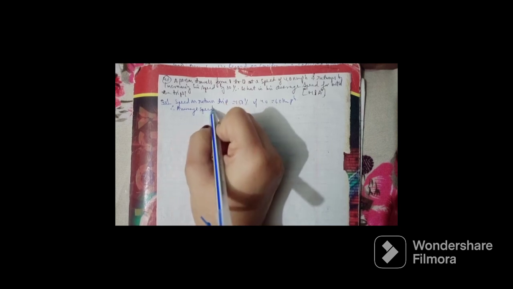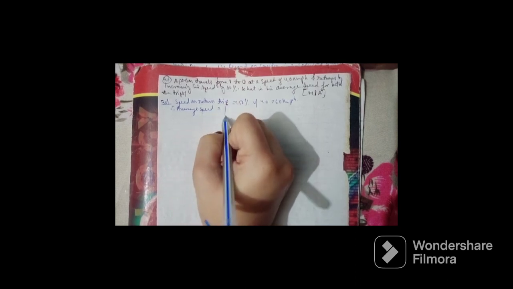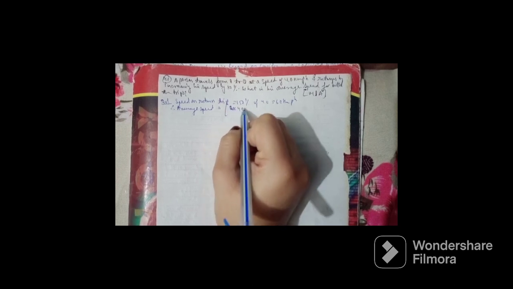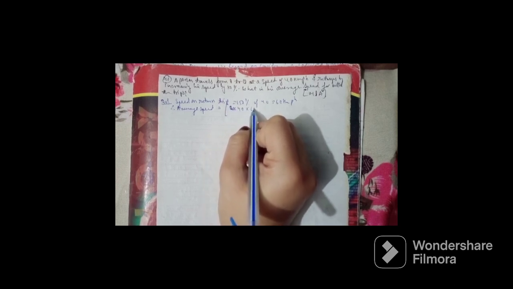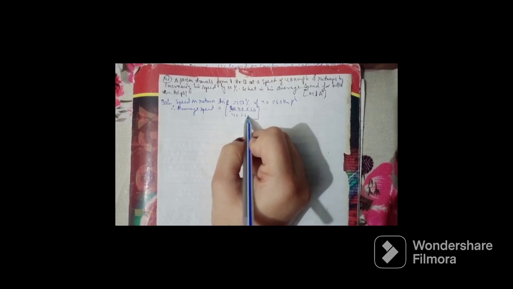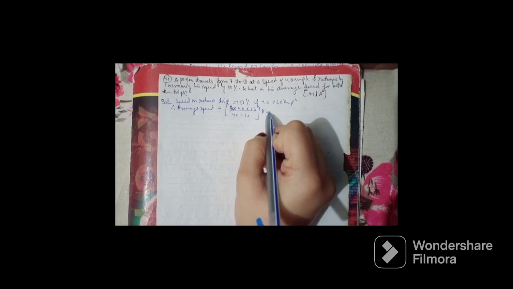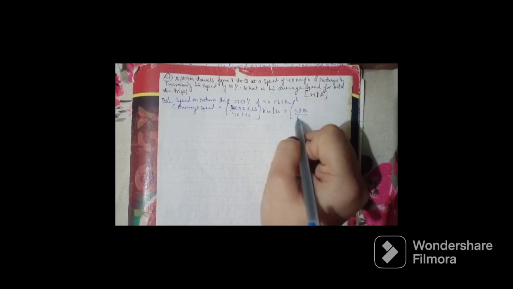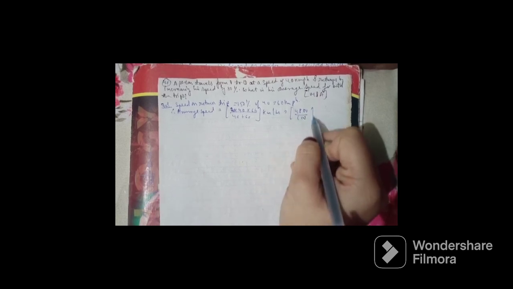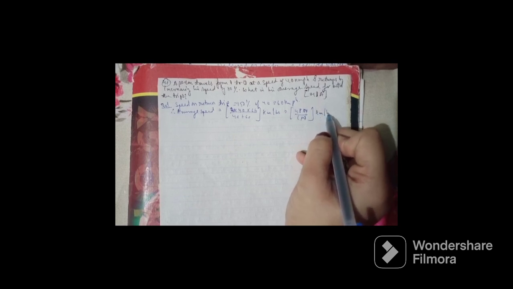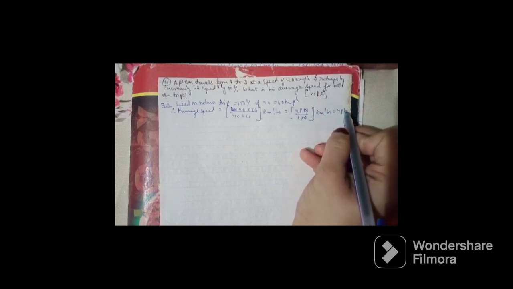Average speed is equal to 2 into 40 into 60 upon 40 plus 60 kilometer per hour, which is 4800 upon 100 kilometer per hour, equal to 48 kilometer per hour.